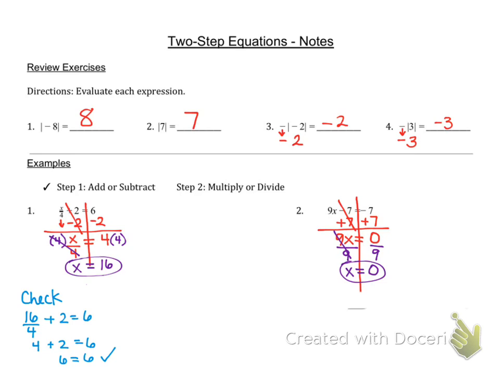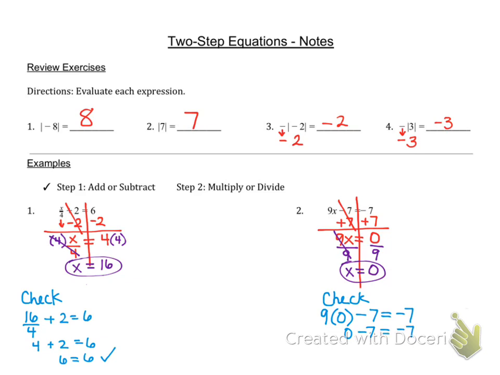Now we're going to go ahead and check our answer to make sure that we solved it correctly. So I'm going to substitute 0 back into our original equation. So we have 9 times 0 minus 7 is equal to a negative 7. 9 times 0 is 0. 0 minus 7 is equal to negative 7.